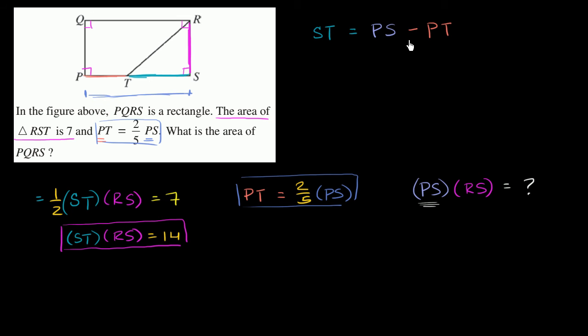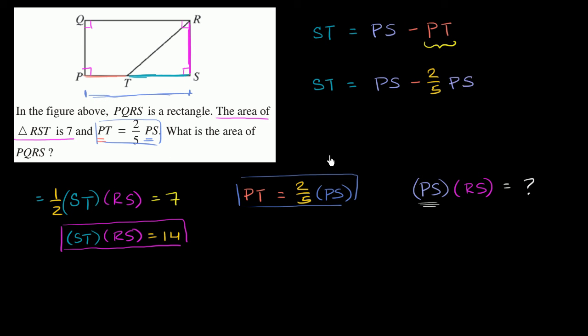We know that PT, the second piece of information they've given us, is equal to 2/5 PS. So we can rewrite this whole thing as saying the length of segment ST is equal to the length of segment PS minus 2/5 times the length of segment PS.